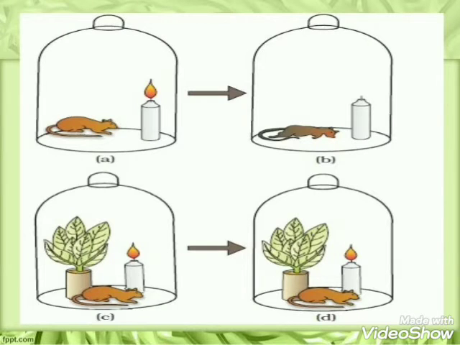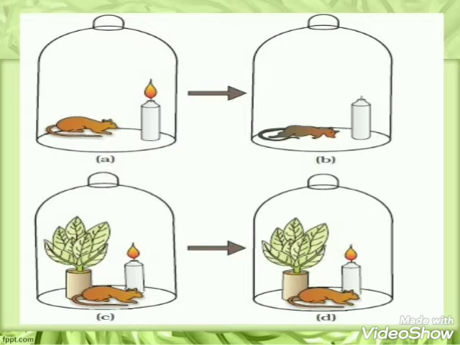So here is the diagrammatic representation of Joseph Priestley's experiment. It is clearly visible that in bell jar A, the mouse is alive and the candle is burning. But in bell jar B, the mouse dies and the candle is extinguished.